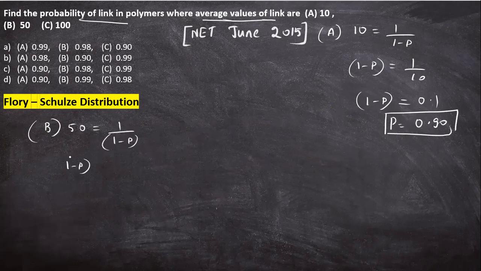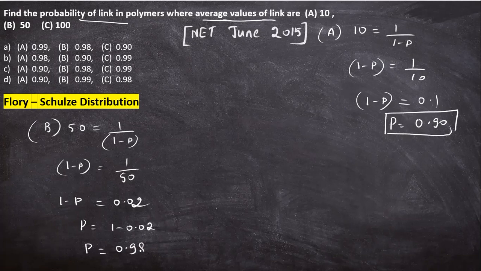So 1 minus p is 1 by 50. The value of 1 by 50 will be 0.02. So p will be equal to 1 minus 0.02, which is p equal to 0.98.